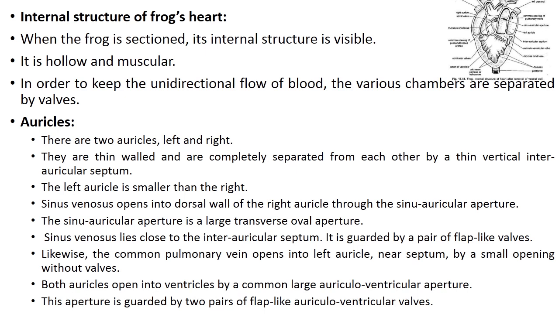It is guarded by flap-like valves. The common pulmonary vein opens into the left auricle near the septum by a small opening without valves. Both auricles open into the ventricle by a common large auriculoventricular aperture. This aperture is guarded by two pairs of flaps, which are called auriculoventricular valves.